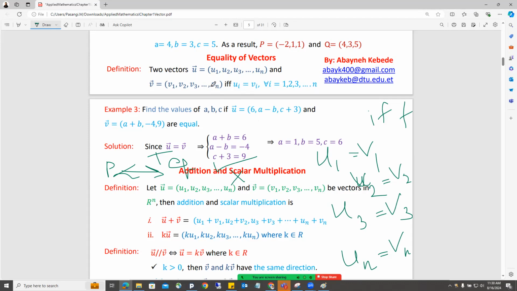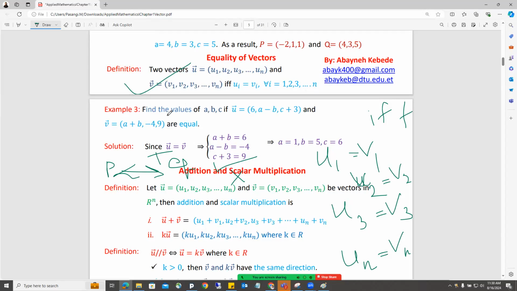If the left hand side happens, the right hand side will happen, and if the right hand side is true, then exactly the left hand side is also true. Is it clear what if and only if means? Yes. Okay.